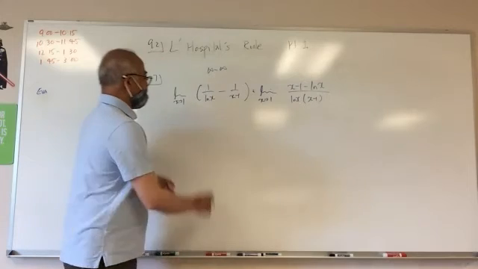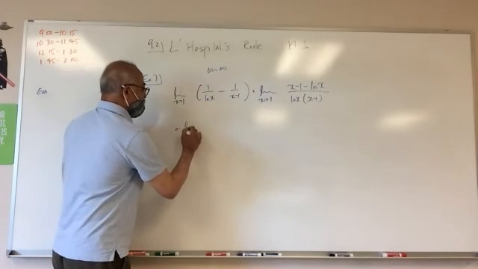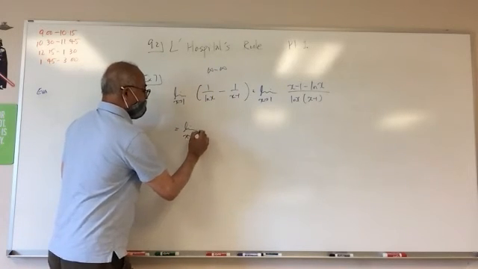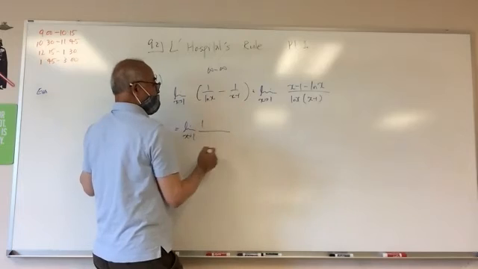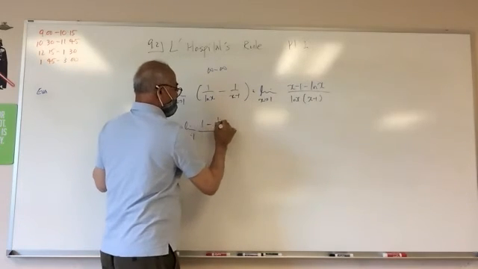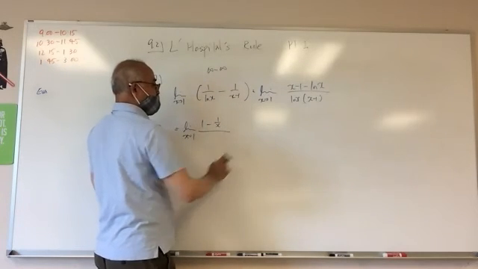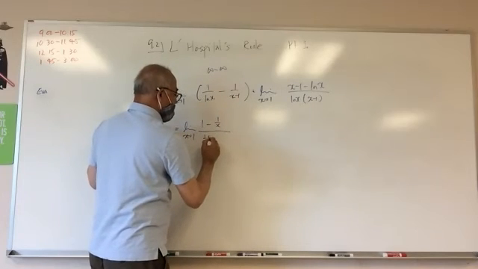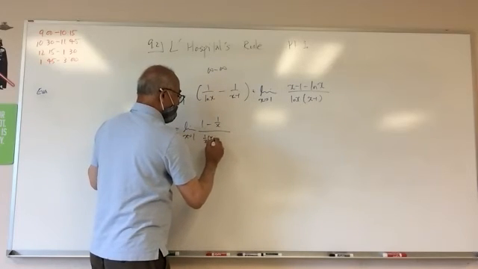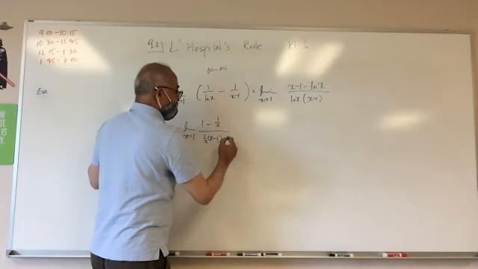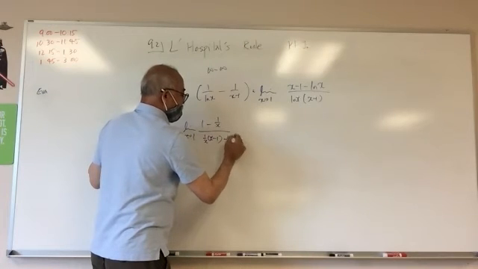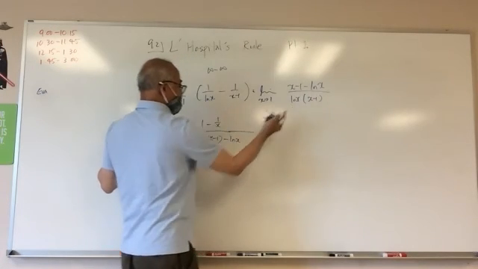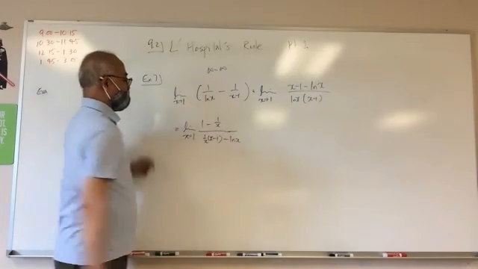So L'Hopital's rule says I can take the derivative of the top and bottom. Take the derivative of this, I get 1 minus 1 over x. This is the product rule, so I take the derivative of this guy first, leave that, and then keep that and take the derivative of that, which is basically 1, and this is what I'm going to get.